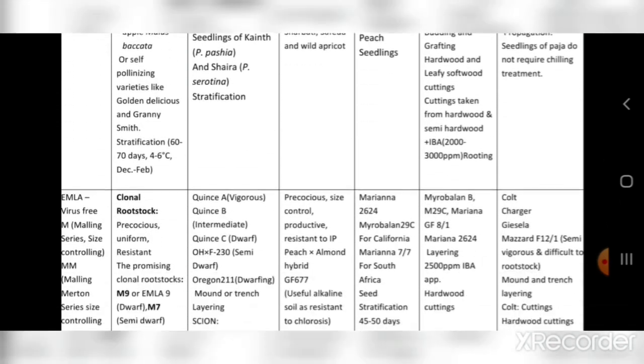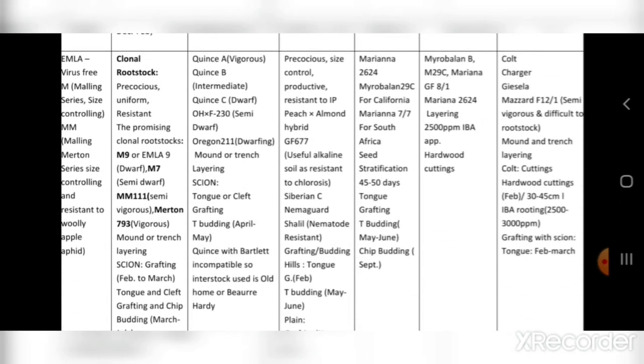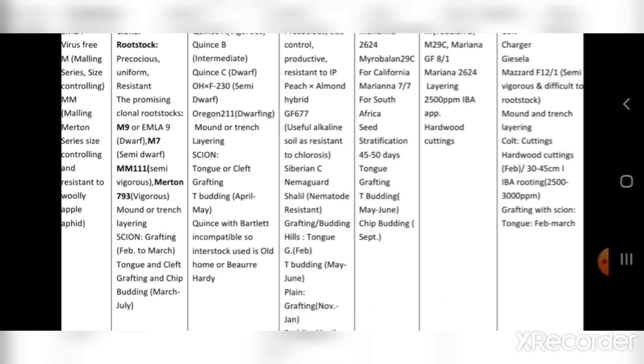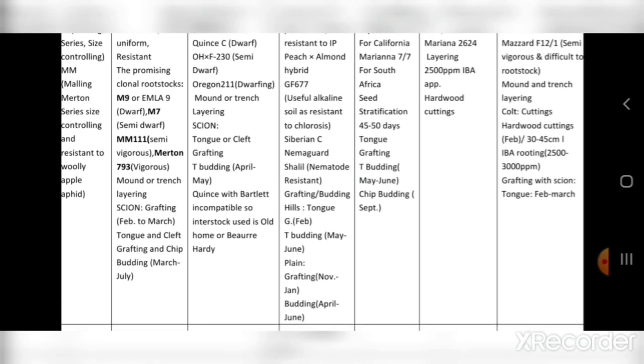Then comes the apricot: Mariana 2624 as a clonal rootstock, Myrobalan 29C. For California, Mariana 77 is used. For South Africa, seed stratification can be done, that is 45 to 50 days. And tongue grafting is done. Then T budding can be done May to June, and chip budding in September.